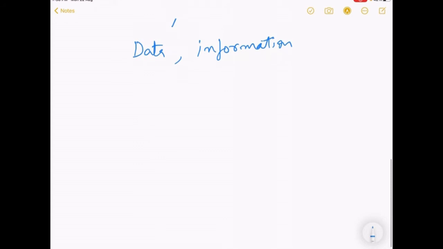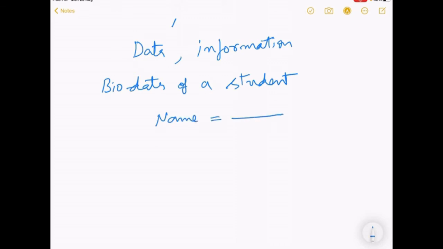So if we take one more example, biodata of a student. Now in the biodata of a student, we have the name of the student, then address, then father's name, date of birth.